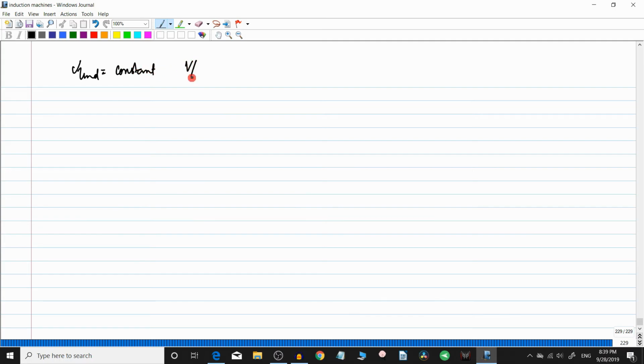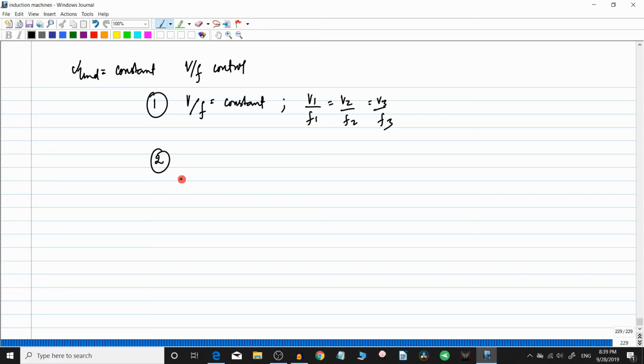So in V by F control, there are two conditions that you have to remember. That is, the V by F value should be equal to a constant. That is, V1 by F1 will be equal to V2 by F2 will be equal to V3 by F3. This is the first condition that you have to remember. Second condition is that Ns minus Nr also is a constant value.